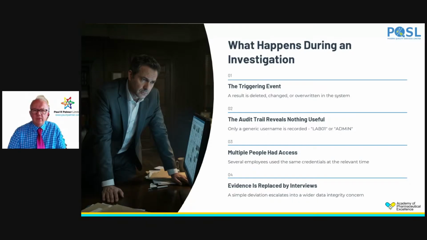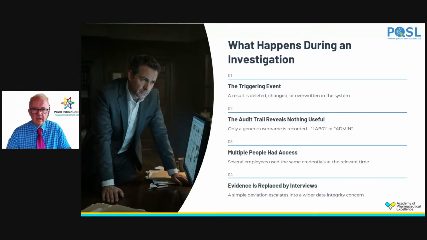But what happens during an investigation if you've got shared user IDs? Well, you've got an event. A result is deleted, changed, or overwritten in the system. But you don't know who by. The audit trail reveals that it's been done by Lab 01 or maybe admin. Well, it's no use to anybody, is it? Multiple people had access.